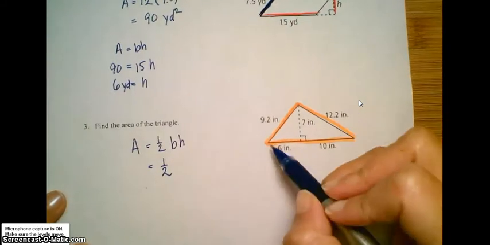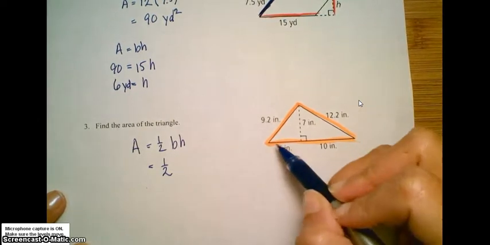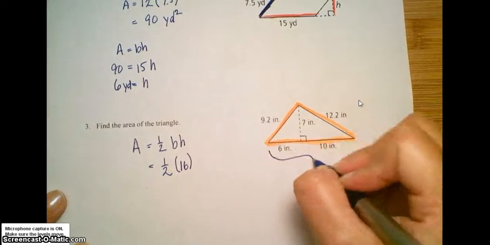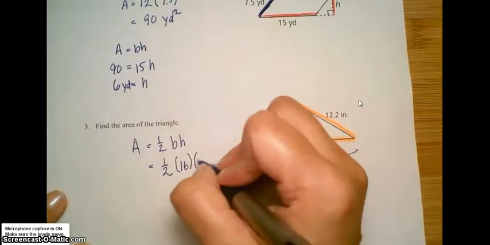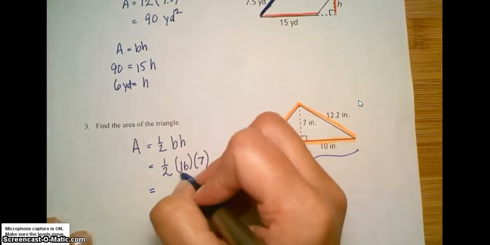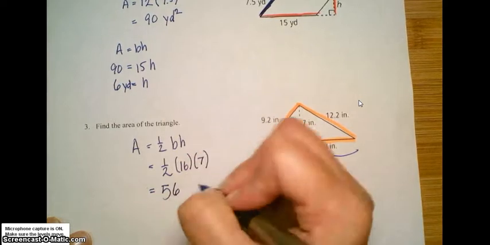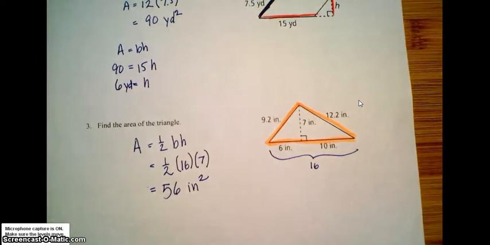So the base is going to be a side of the triangle, and so the side that we have perpendicular to is 16. So we want to use that whole side. And then the height that corresponds to it is 7. And then you go ahead and multiply those out. 1/2 of 16 is 8. 8 times 7 is 56, and our units are square inches. Okay, we're moving on to page 3.